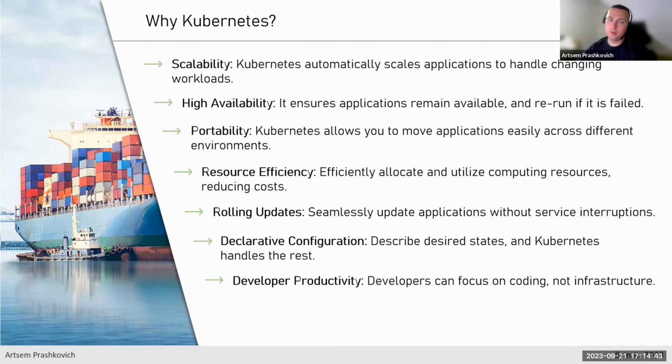We can easily move our application between different environments because Kubernetes always has the same infrastructure, and you can always be sure that if you run your application in one environment, it should run in another one.